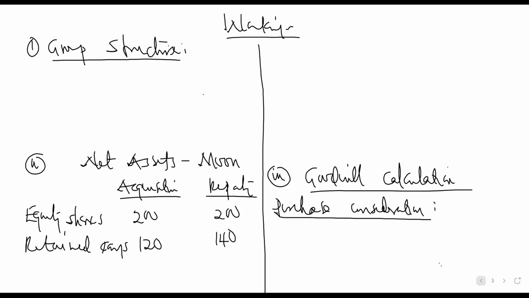We have the share exchange as the first consideration. Share exchange will be 1/2 multiplied by how many shares are we buying? 600. So it means we are going to give them 300 shares in return for 600 shares, isn't it?